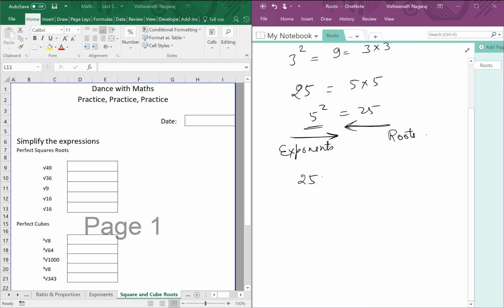Now the question is, what is that number which when multiplied by itself gives you 25? Now how do I put that using symbols? Remember, mathematicians love symbols. So the symbol that is used is this, and this is called a square root symbol.